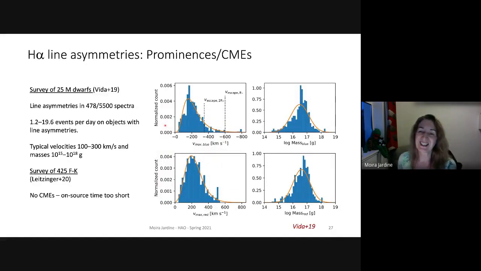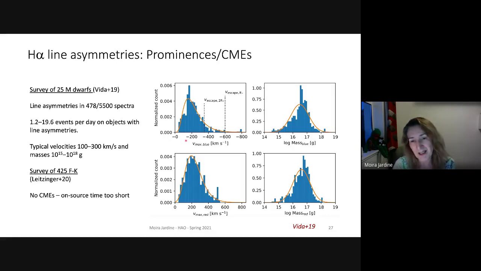So there's been a concerted effort to look for the stellar equivalent of coronal mass ejections in other stars. These are results of a large survey of about 25 M dwarfs, done by Christine Vida. And what you see plotted are the velocities of the line asymmetries in H alpha.